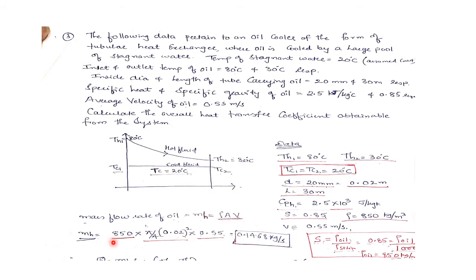The density of the oil we have already calculated as 850 kg per meter cube, the area is pi upon 4 d square, and V is the average velocity of the oil. The mass flow rate of the hot fluid is 0.1468 kg per second.